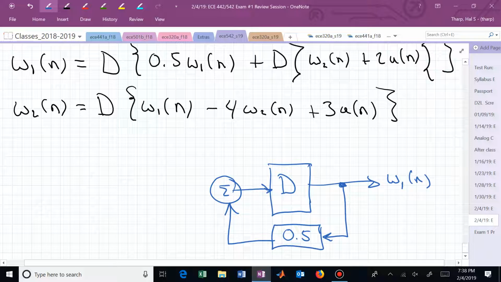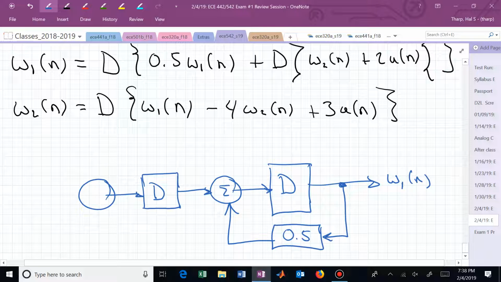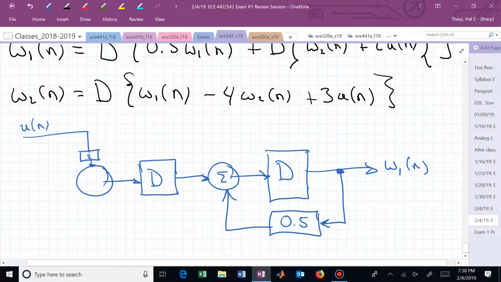And now I need another input to that summing junction to be the output of another delay block, where that delay block has as its input 2 times U of n. Suppose I now have U of n up here, and I say, oh, I need to multiply that by 2. And I also need W2 of n.